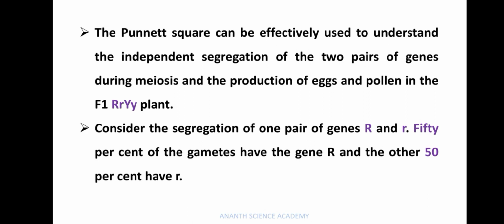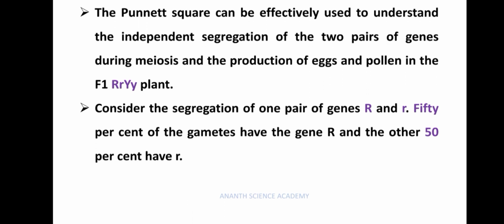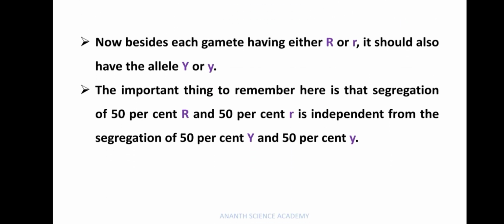Consider the segregation of one pair of genes, capital R and small r. 50% of the gametes have the gene capital R and the other 50% have small r. Now, besides each gamete having either capital R or small r, it should also have the allele capital Y or small y.